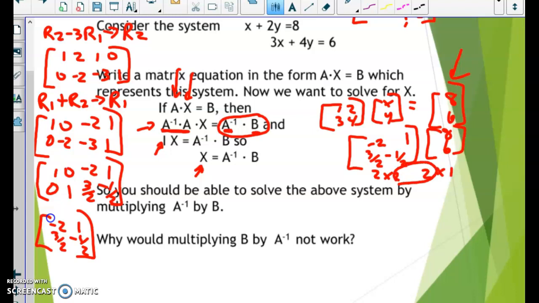So I'm going to take the first row times the only column, and so I get negative 16 plus 6. Hope you can see that. Negative 16 plus 6 gives me negative 10. And if I take 3 halves times 8, that gives me 12, and 12 minus 3 gives me 9.